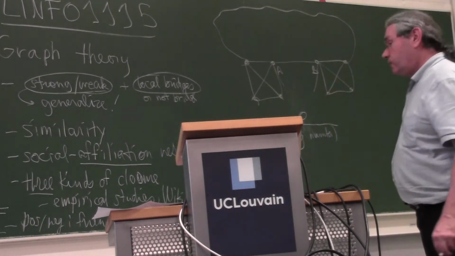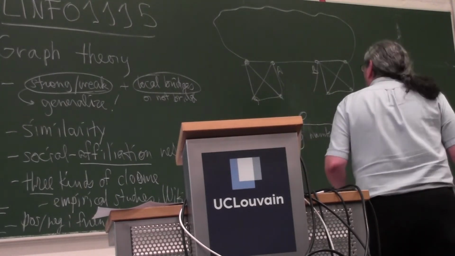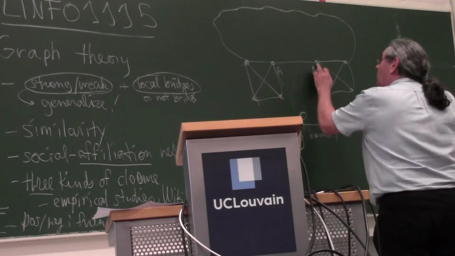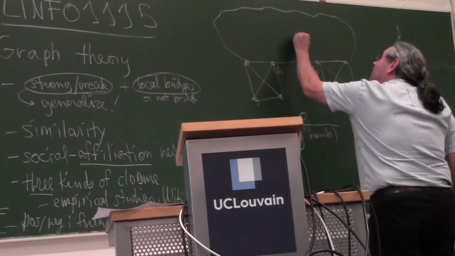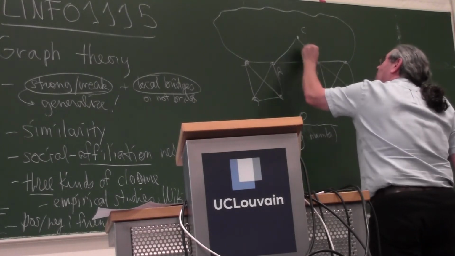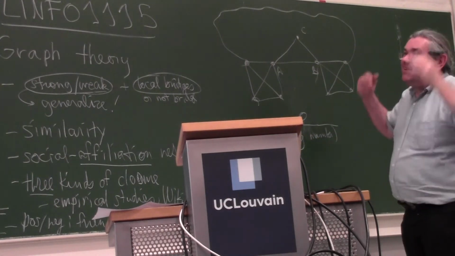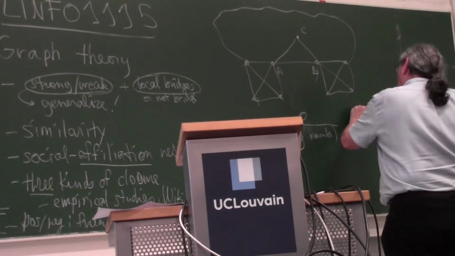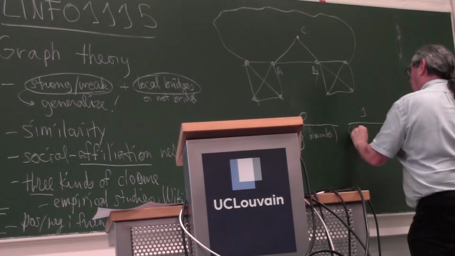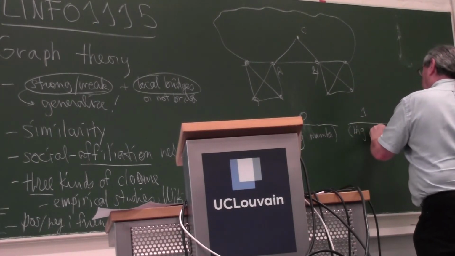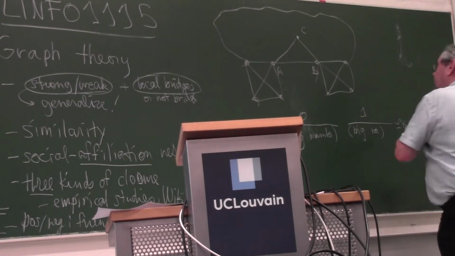Now, if it's almost a local bridge, let's say there's one node here who's a friend of both A and B. Then we would have 1 divided by some big number, so it's still almost 0.